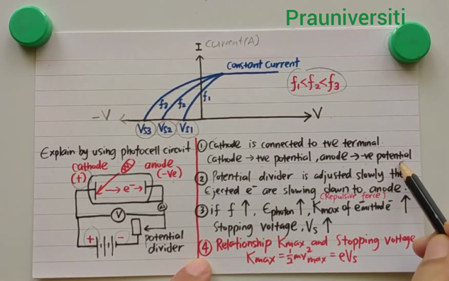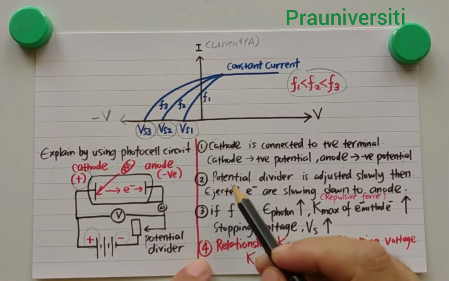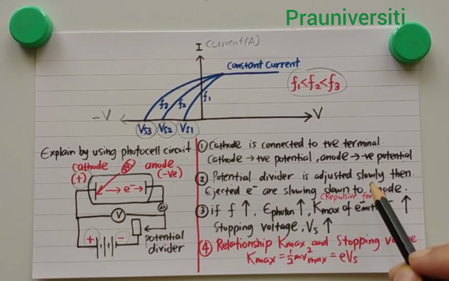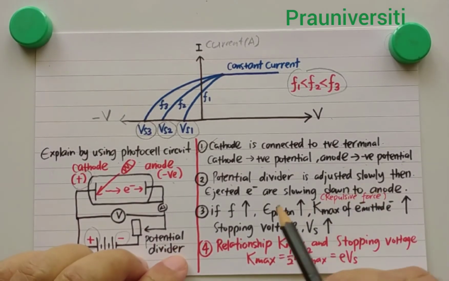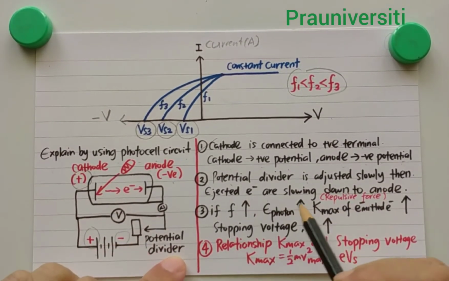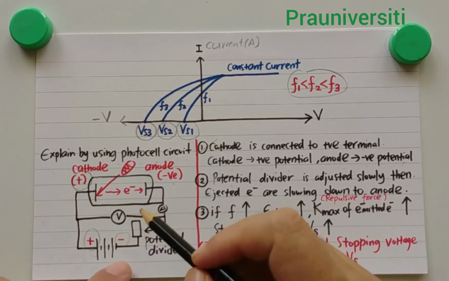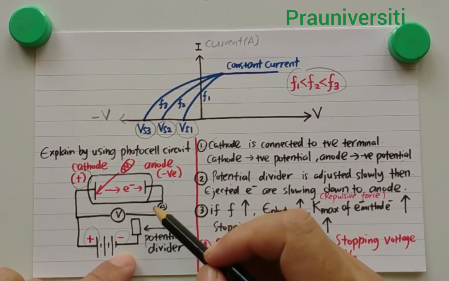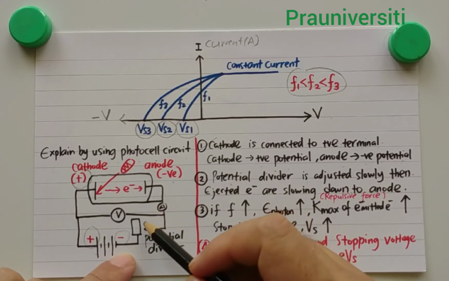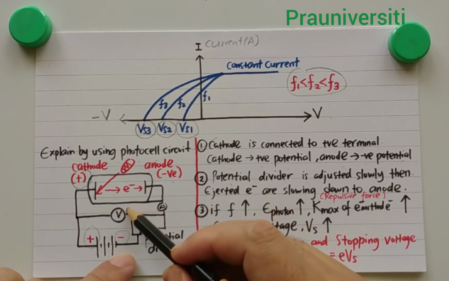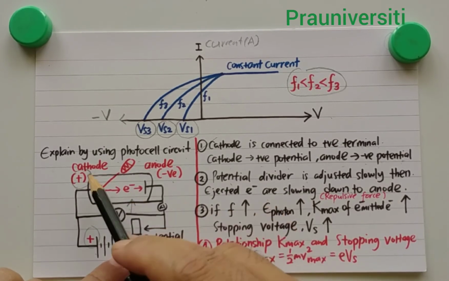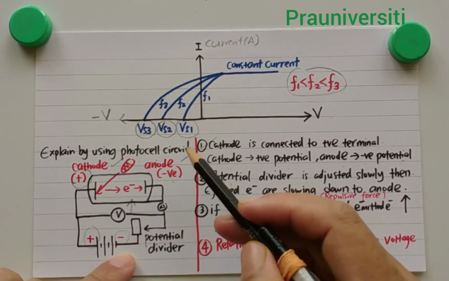Number 2, the potential divider is adjusted slowly, then the ejected electrons slow down moving to the anode. So we increase the potential divider, which means we are increasing the potential difference between anode and cathode.